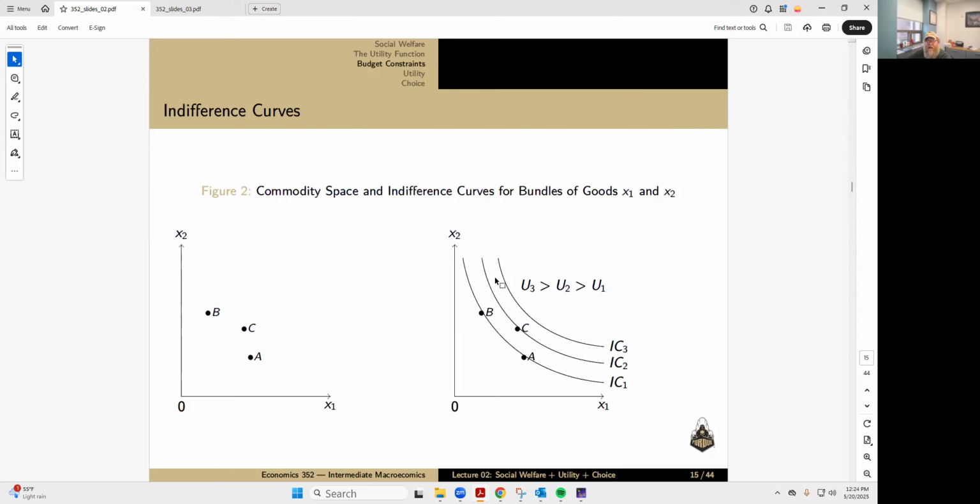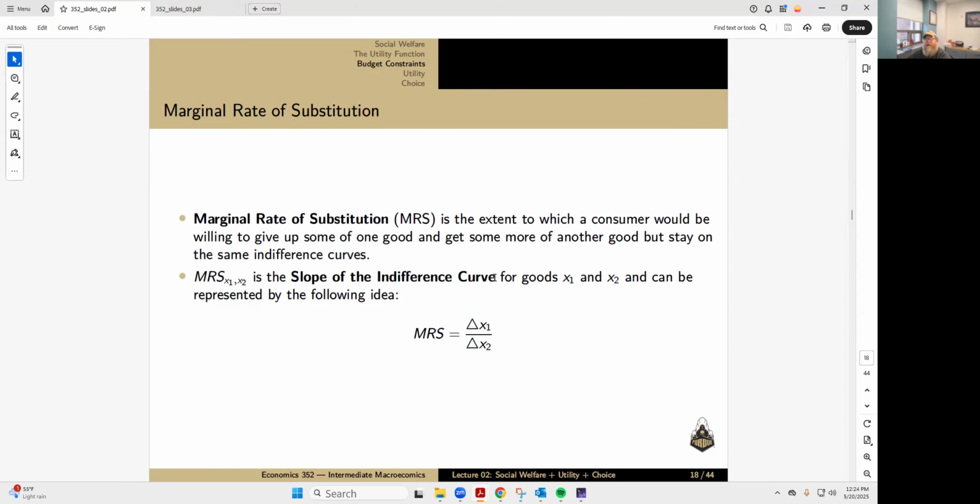The idea of marginal utility is that as I consume an additional unit of one good, my utility is going to change as a result of that additional consumption. That change in utility, we're going to refer to as marginal utility. So how much does my utility change relative to an increase in my consumption of one good or another?